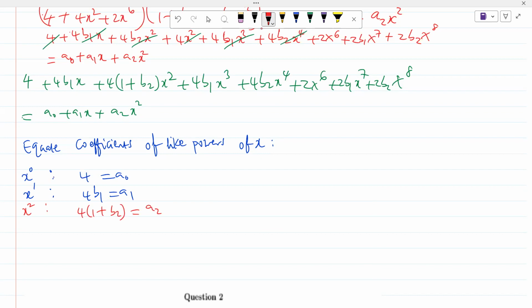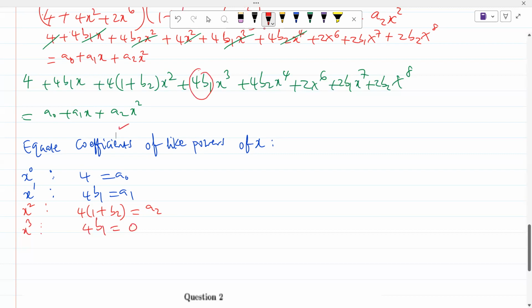And then we continue with the cubic terms. The cubic term would be 4b1, so 4b1 is equal to the cubic term on the other side, which is 0, because there's no cubic term on the right side of the equation.